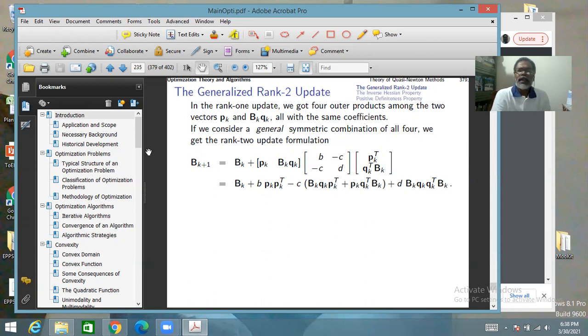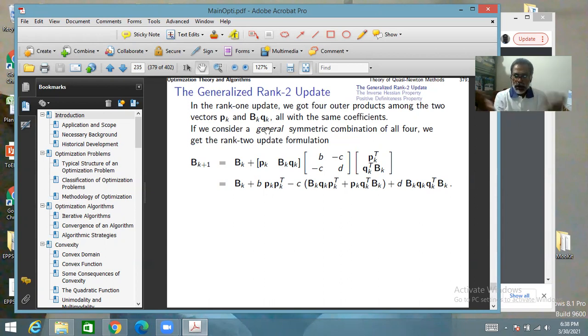So basically, it is the four outer products between two vectors: this with itself, this with this, this with this, and this with itself. These are the four terms that we got in the update along with Bk itself, the previous inverse Hessian estimate. Now, in that expression, for the four outer products, the coefficient was the same.